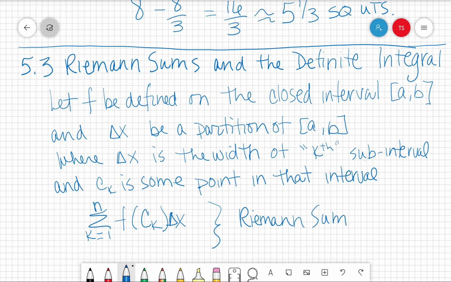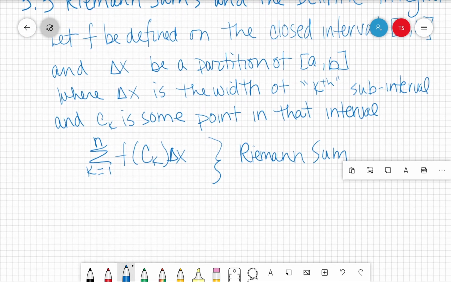Okay, and all of the sums that we looked at in the previous section, giving us the area under the curve, are Riemann sums. And so I'm going to relate that to the definite integral.